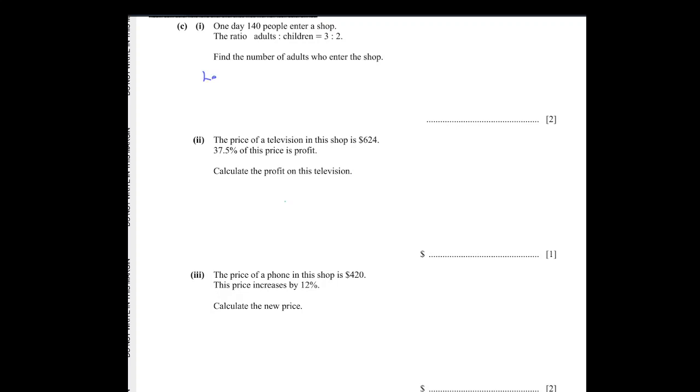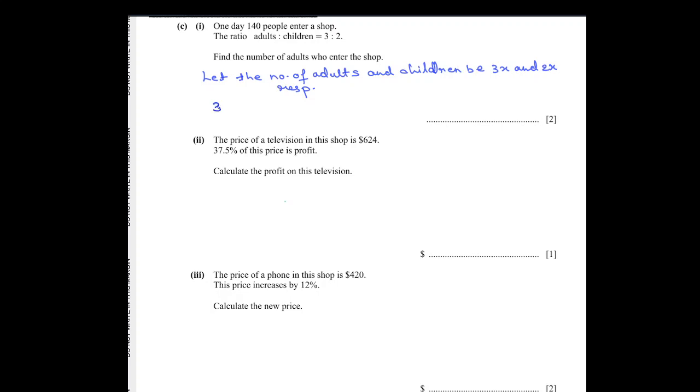So let the number of adults and children be 3x and 2x respectively.